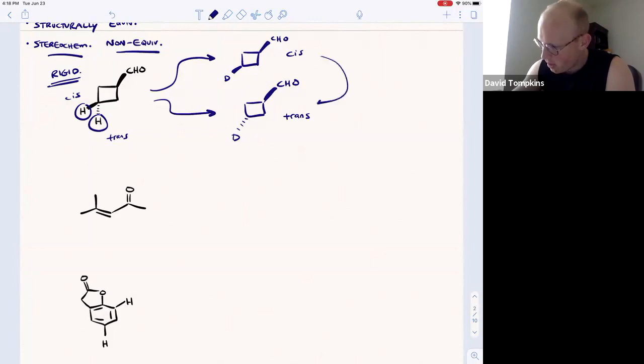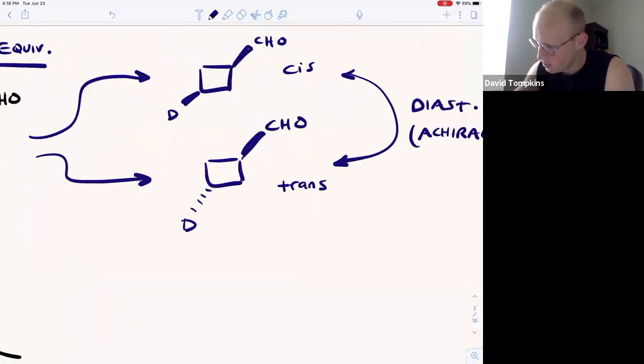Now these compounds, cis and trans, are always diastereomers, right? Because I kept the aldehyde forward and I swapped the deuterium from front to back. But there are no chiral centers in this molecule or these molecules, because the carbon that we did replacement on lies along this plane of symmetry. So it cannot be an asymmetric center if it lies along a plane of symmetry.